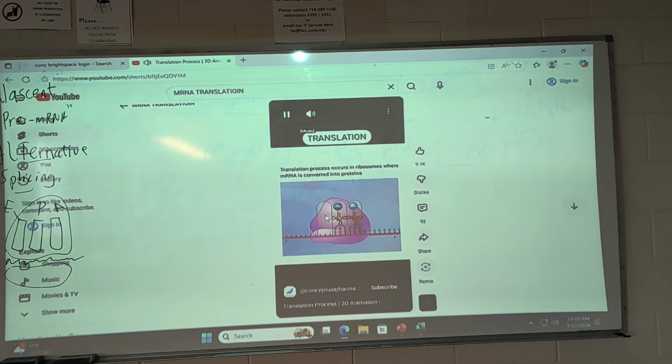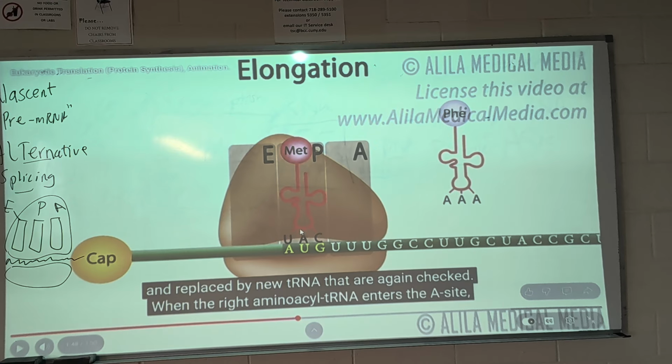When the right aminoacyl tRNA enters the A site, look, this is the mRNA. It has AUG. So the anticodon A binds with U, U binds with A, and G binds with C. And at the other end is the actual amino acid, methionine, phenylalanine.